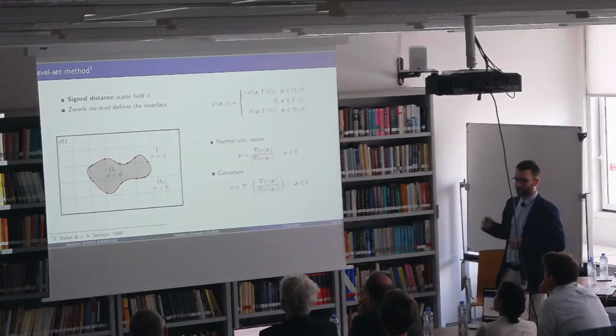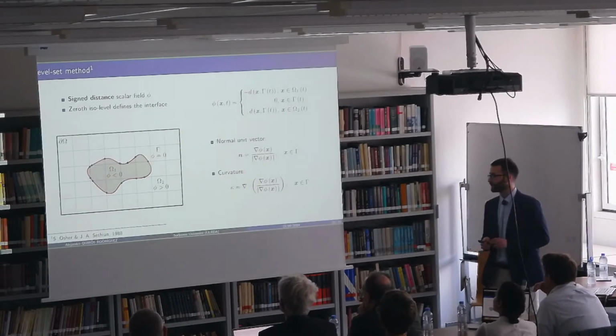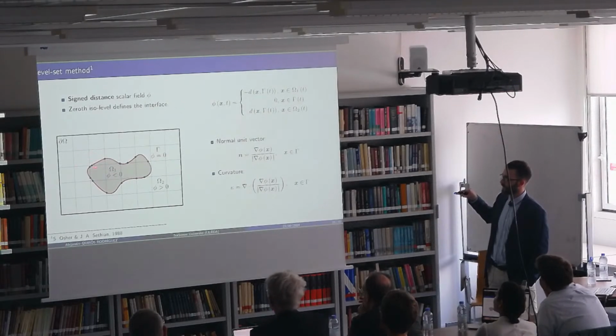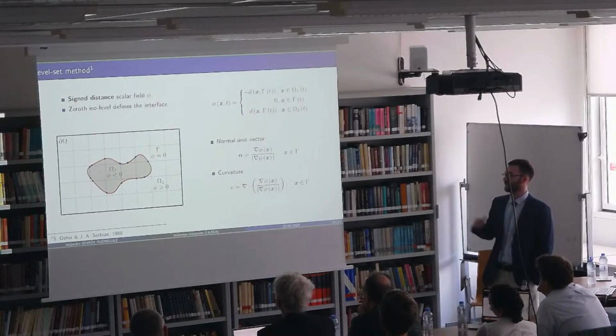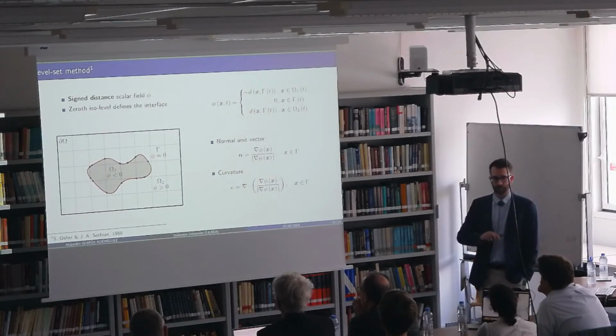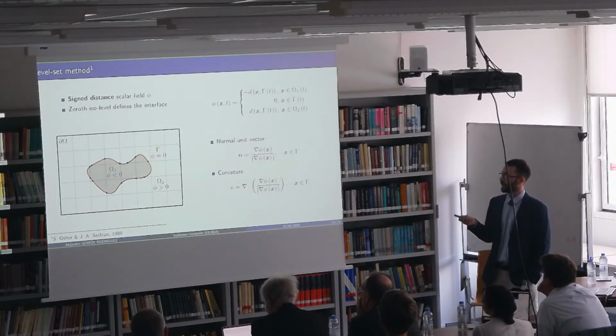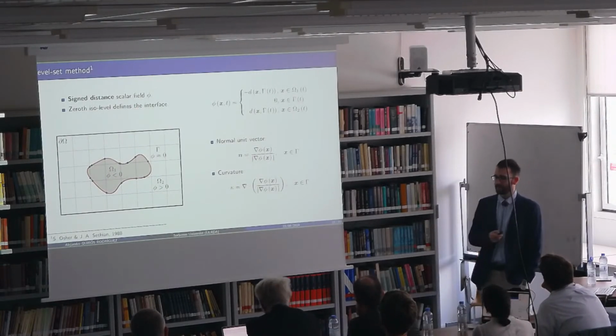In order to compute these geometric moments, all the information that we need from our interface are the intersection points of the interface with the cell faces, which are these black dots here in this picture. And as I said, we use the level set method to define the interface. The level set is a signed distance scalar field where the interface is defined by the zero iso-level.